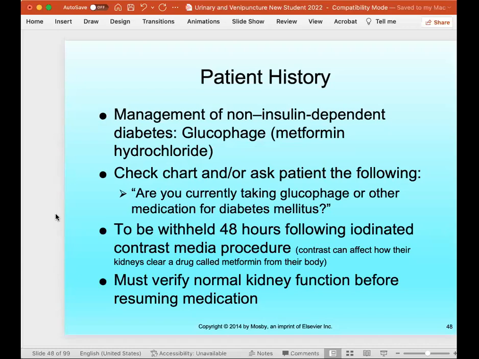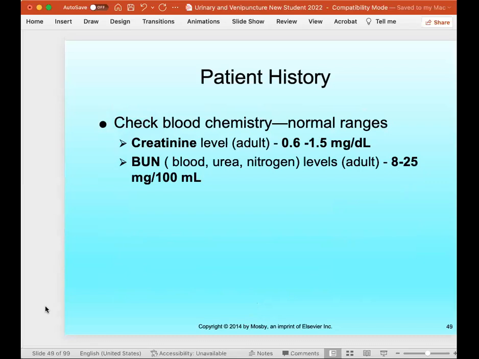Why? Because contrast can affect how the kidneys filter and clear out the drug from their body. So you want them to withhold, if possible, metformin after the exam. And then again, you must verify normal kidney function. How do we do this? By getting the creatinine and BUN labs.